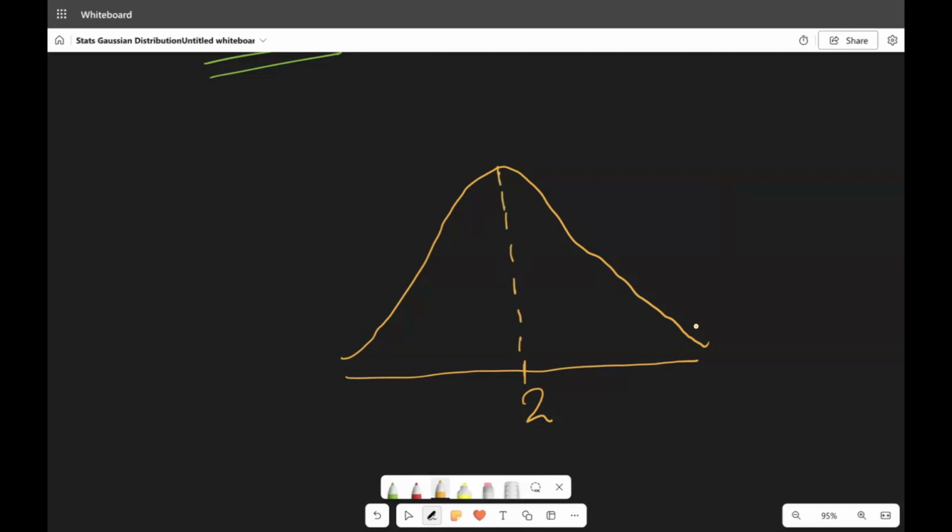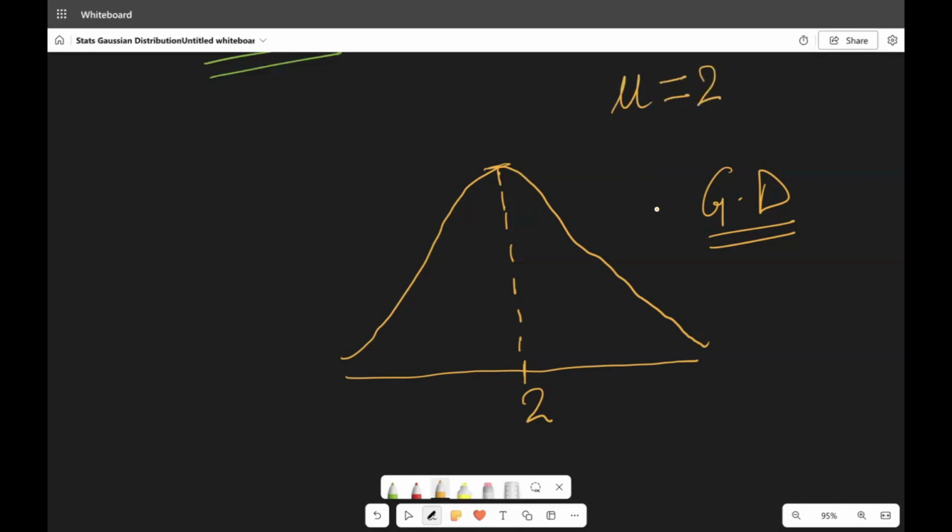If I plot a PDF like this, and I know that it follows a Gaussian distribution, then since this is the maximum value at this point, immediately I know that my mu is equal to 2.